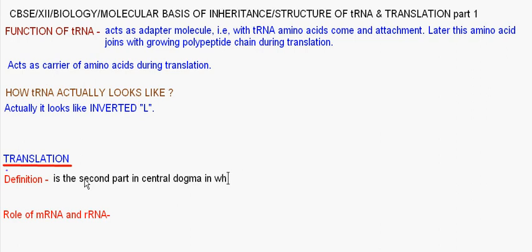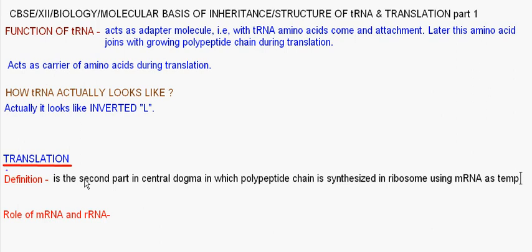in a ribosome using mRNA as template and tRNA as carrier of amino acids.